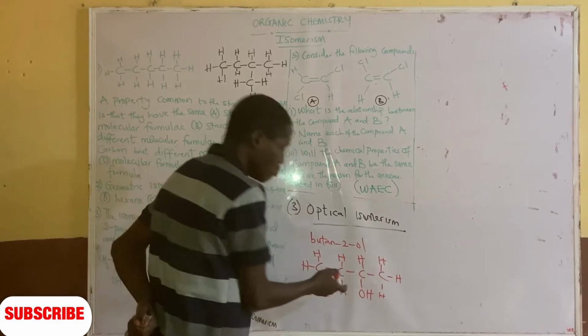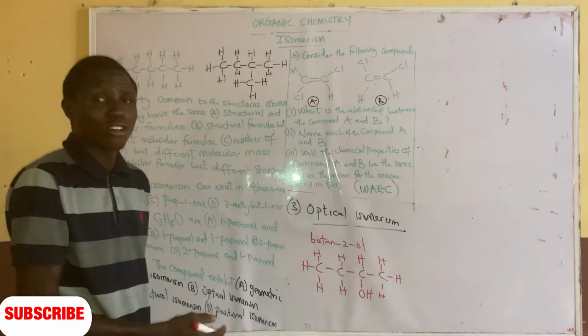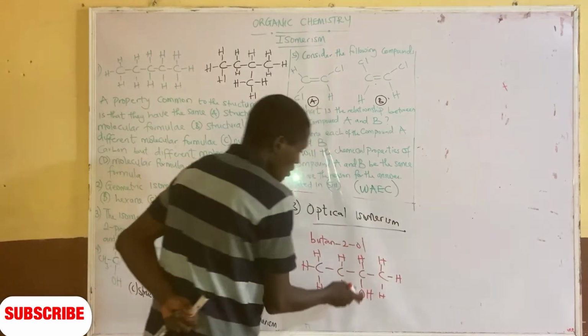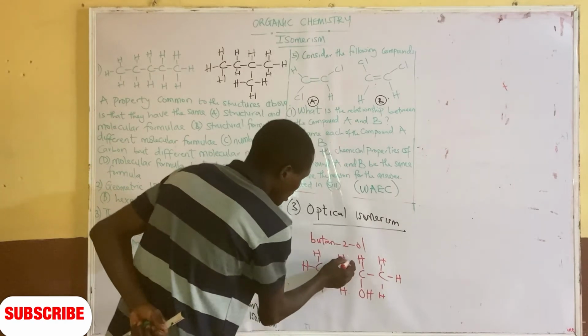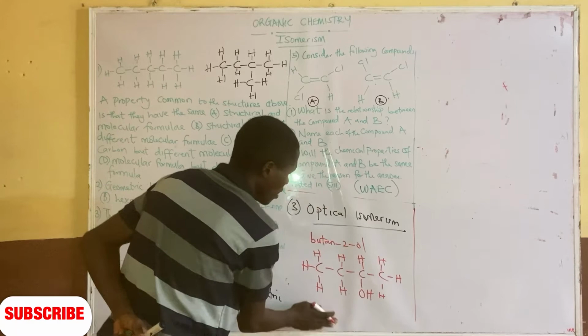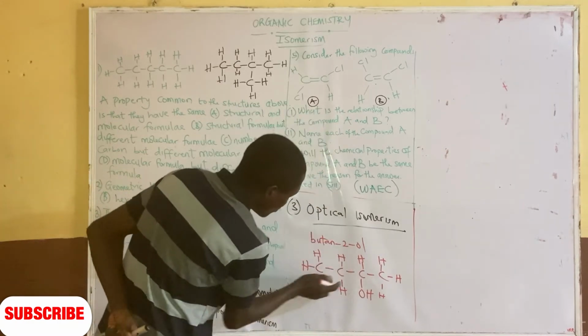So how does this butan-2-ol possess optical isomerism? Now, we can try to write this in another form, combined and compressed together.